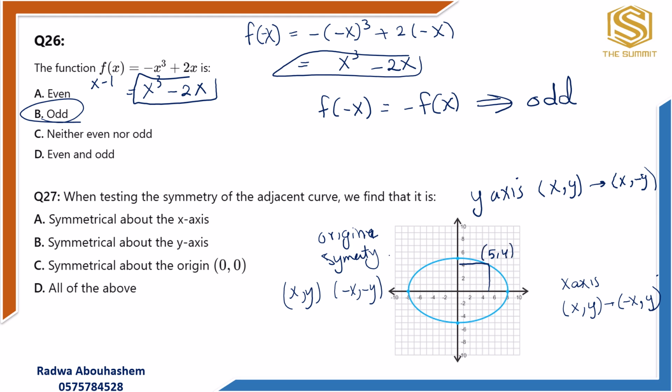If I change it, it would be negative 5 and negative 4. Let me check here again. Negative 5 and negative 4. So yes, I have an origin symmetry. So this means I have y-axis, x-axis, and origin symmetry. So all of the above.